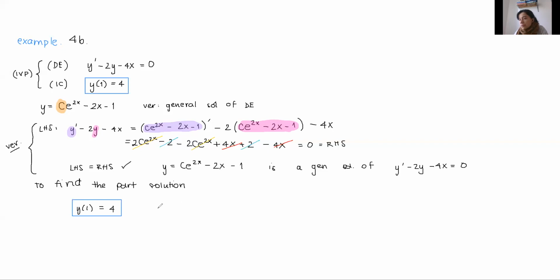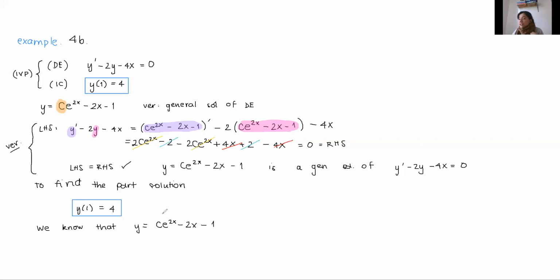Now, we already know that y has the form c, some constant, times e to the 2x minus 2x minus 1.